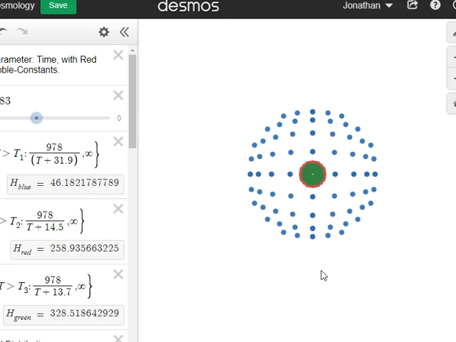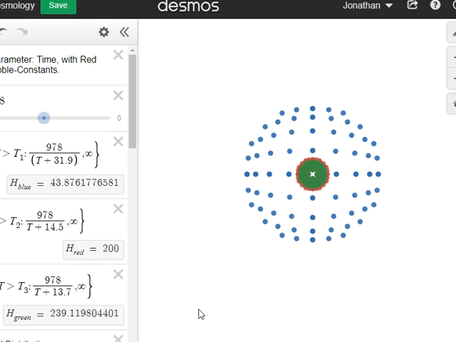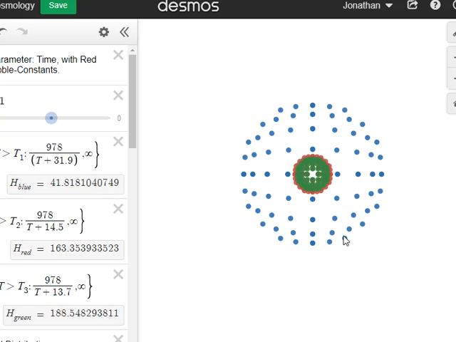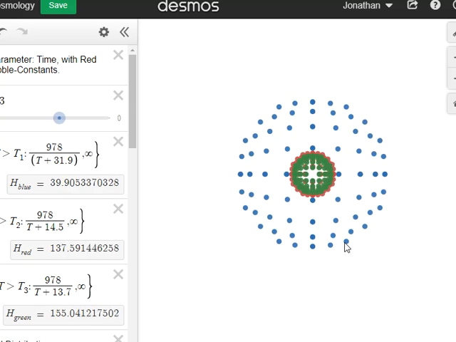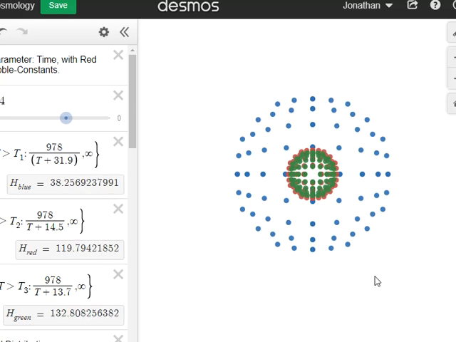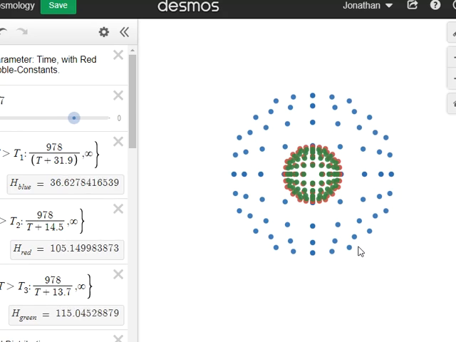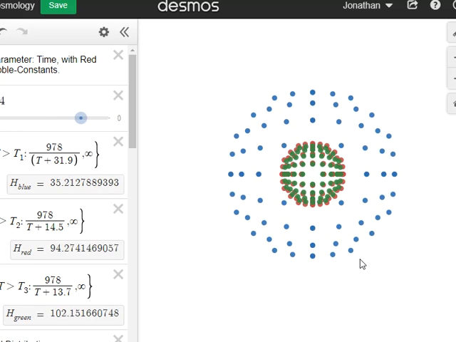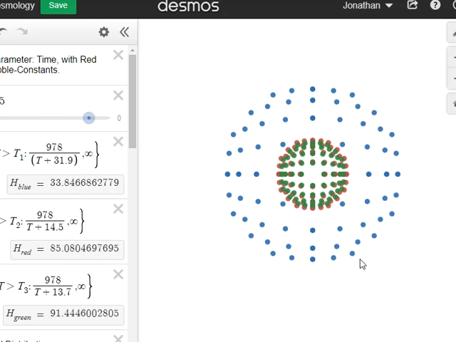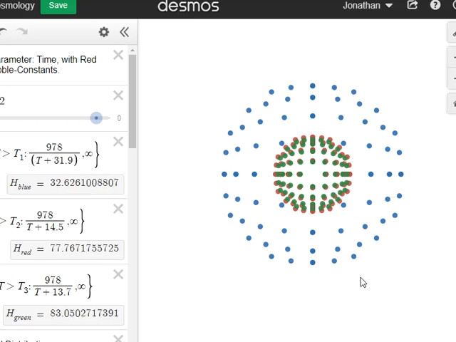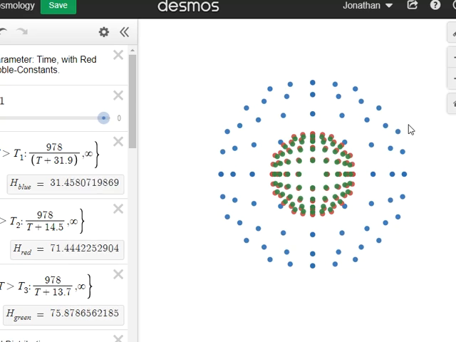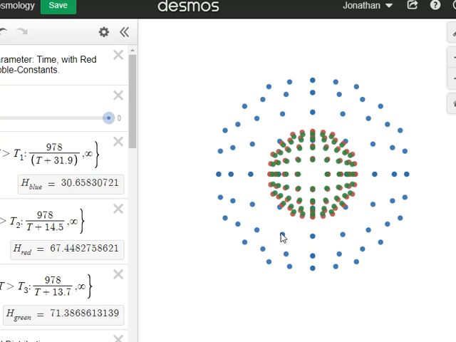And you can see the blue Hubble flow, in my opinion, represents the outermost observations that we have, like GN-z11. Some galaxies have a redshift of up to 11, so they're way out there, and there's one that's 31.9 billion light years away. So I plugged 31.9 into this equation here.